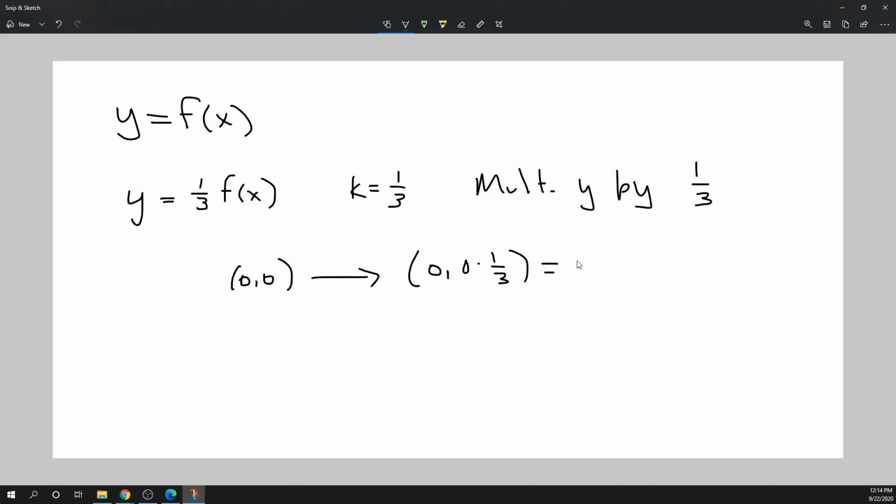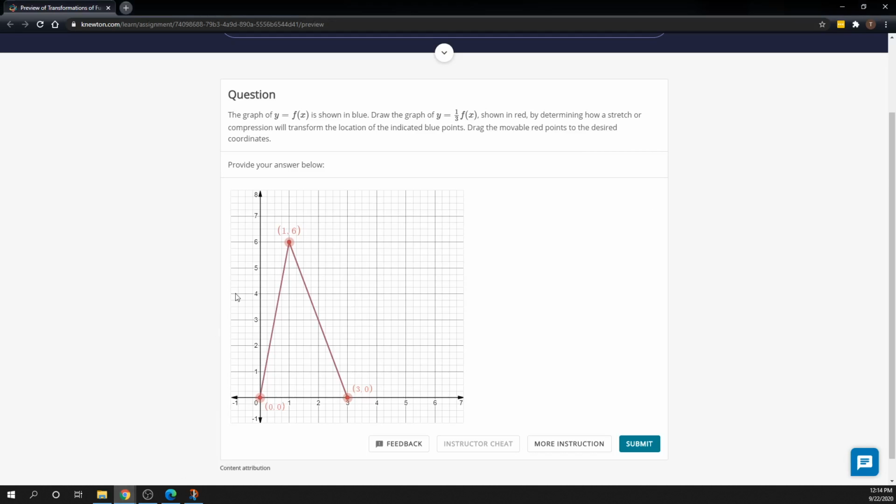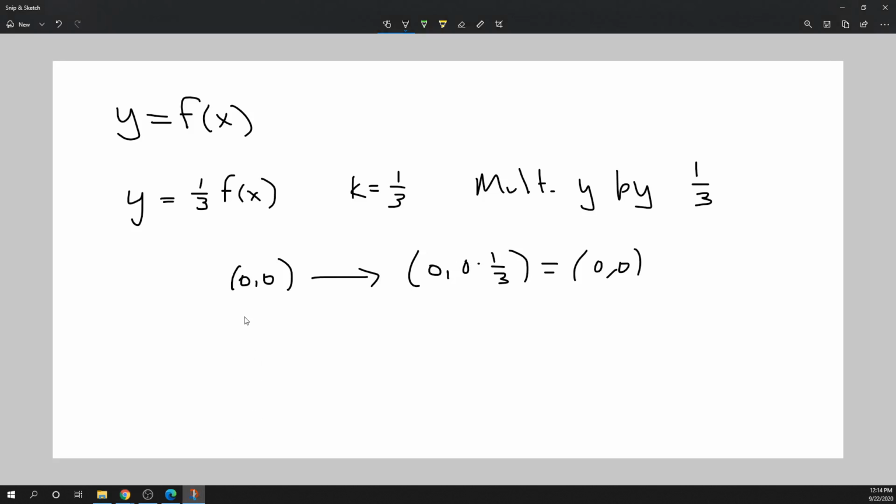All right, so on this one we would multiply the y value by 1/3, and 0 times 1/3 is just 0. So that point actually doesn't get moved at all. The next point was 1, 6. So again, to figure out where we should move that point to, we multiply the y value by 1/3. And 6 times 1/3 is 2.